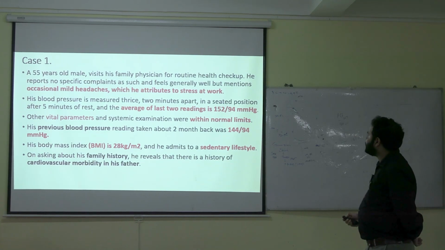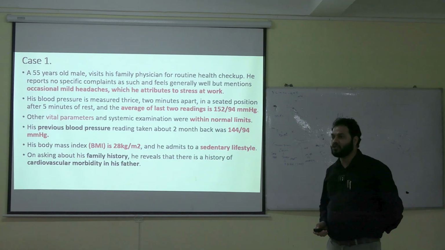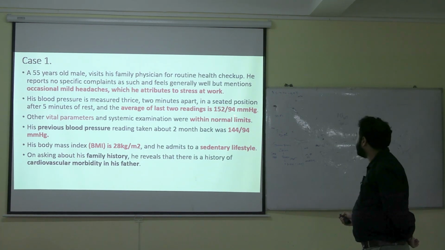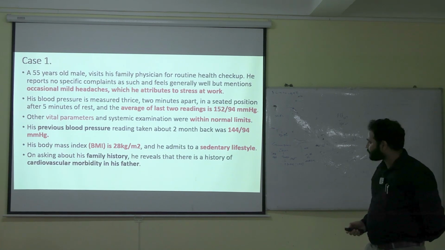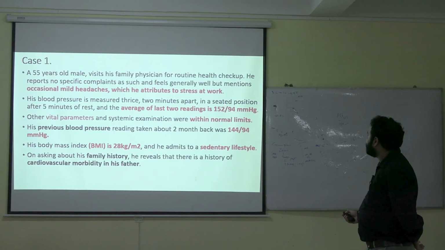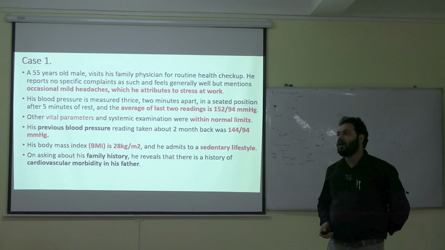Now in the second line, the average of the last two blood pressure readings is around 152, that is systolic blood pressure, and 94 millimeter mercury, that is diastolic blood pressure, right? We will see whether these blood pressure readings are in the normal category or above normal.